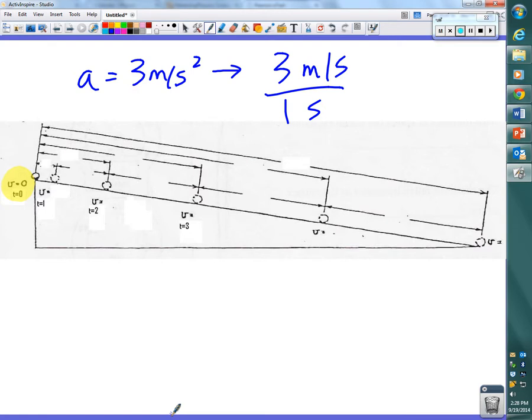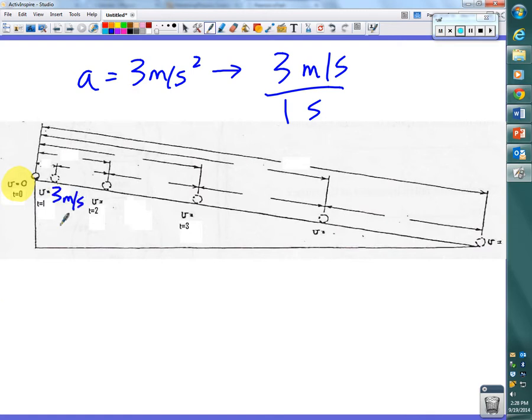But more generally, if we have an acceleration of 3 meters per second, that means that the velocity changes by 3 meters per second for every second that goes by, which is different than something moving 3 meters every second, right? So, that being the case, if it started off at rest at time equals 0, by the time we get to 1 second, how fast will it be going?